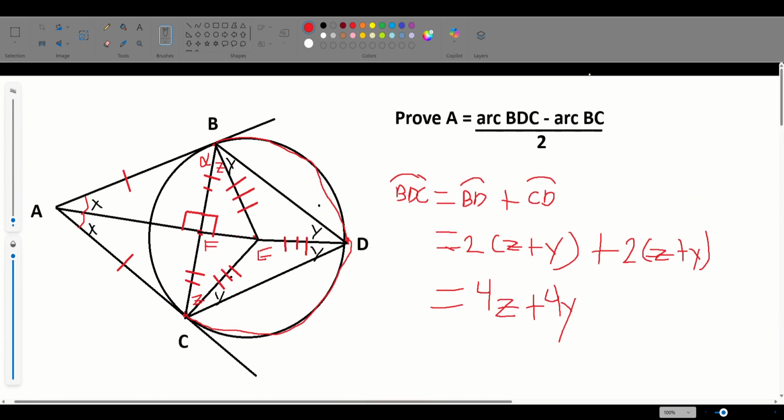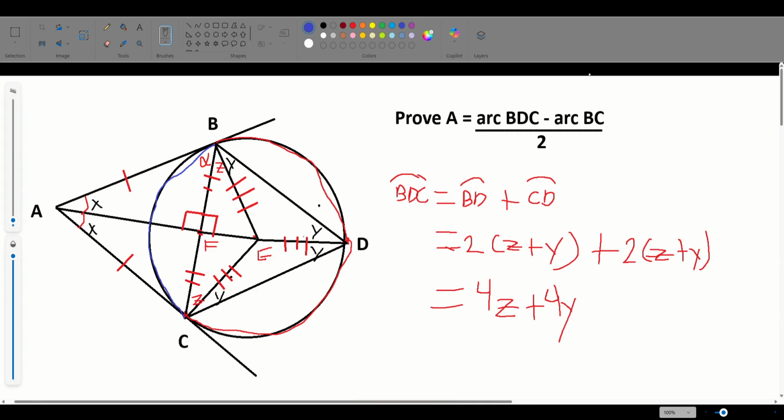Now, to get arc BC, this minor arc right here, I'll label that in a different color, sorry. Blue. Arc BC has its own angle.